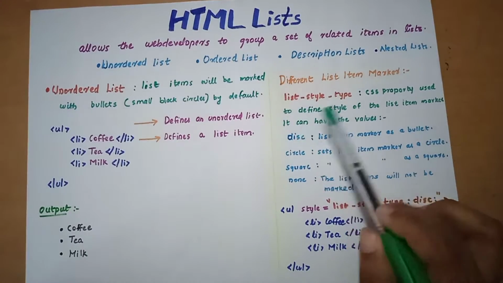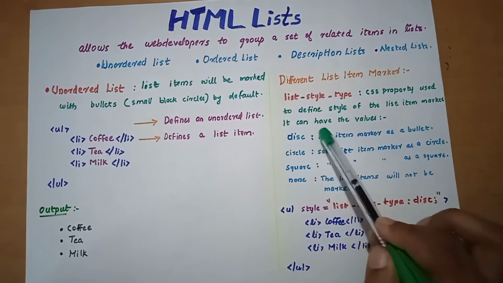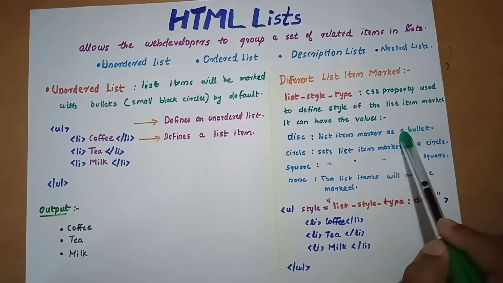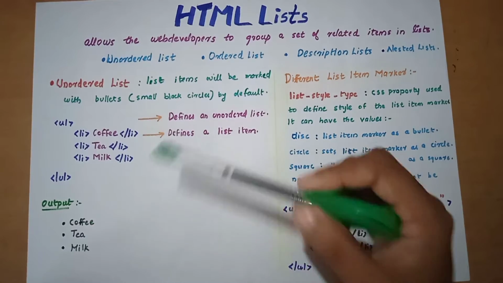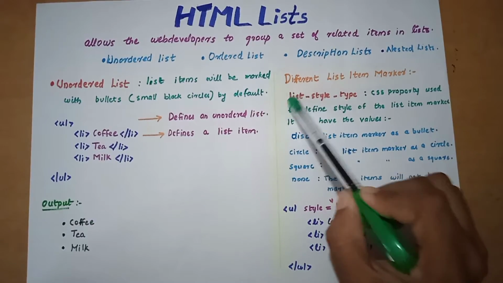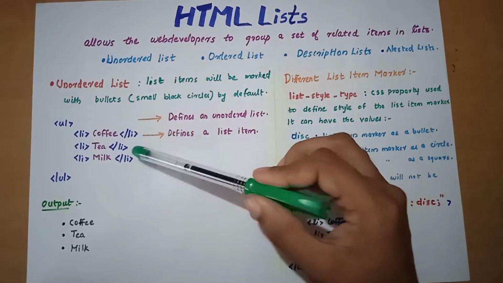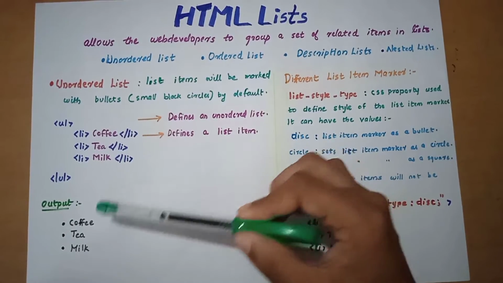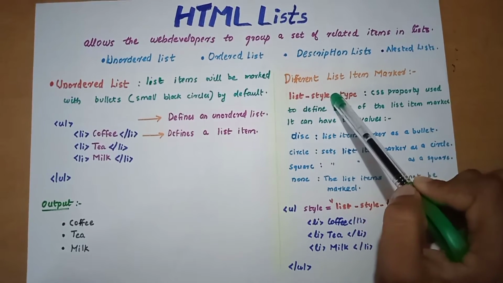So when we use list-style-type with the value disc, we get the list items in bullets that we can see here also. This is the default. If we simply write code like this, we don't need to add any of these values because we are not going to use this.